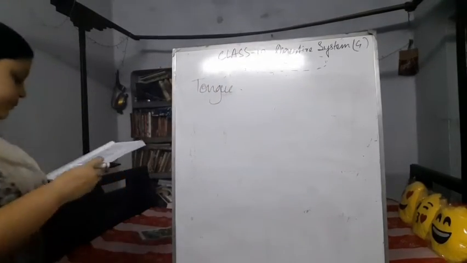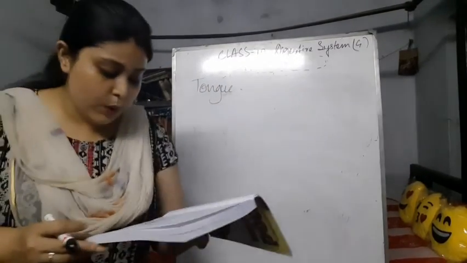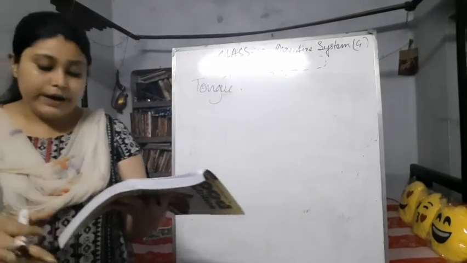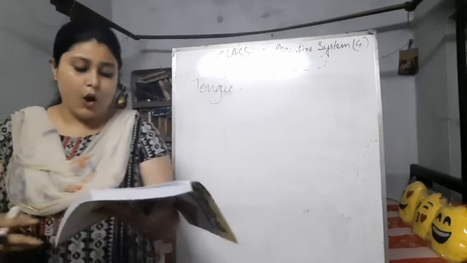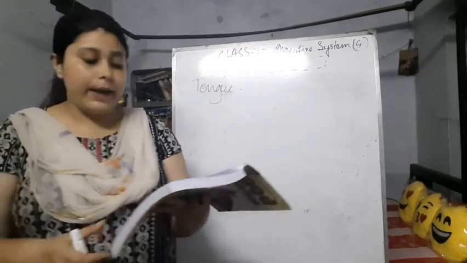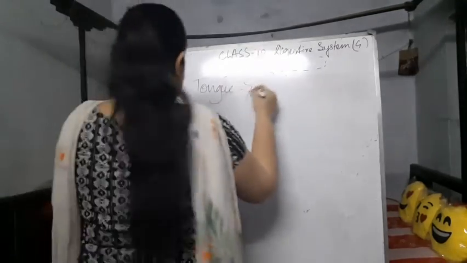So what is the tongue? It is attached with the hyoid bone, and it is folded in its mucous membrane covering called the frenulum.